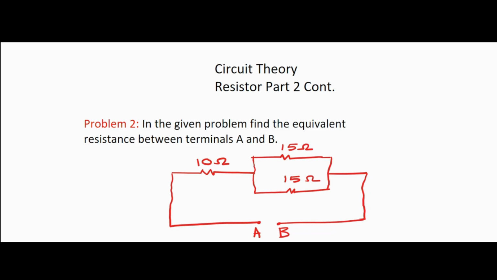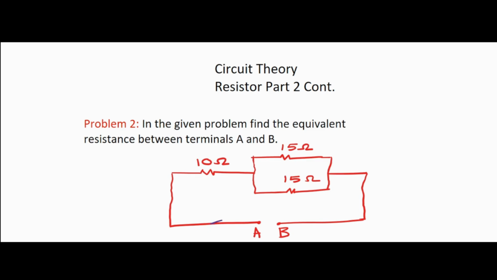Between these two terminals, there is a 10 ohm resistance, a 15 ohm resistance, and another 15 ohm resistance. For simplicity, let us consider a current source connected between A and B. Now consider the current starting from terminal A and passing through the 10 ohm resistor.